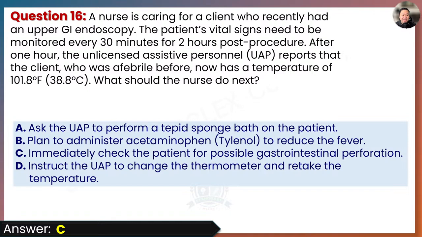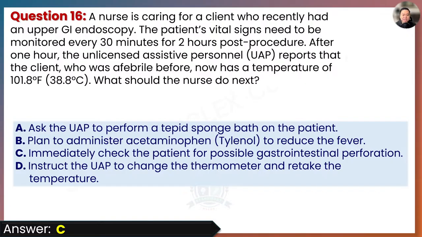Instruct the UAP to change the thermometer and retake the temperature. While it is possible that a thermometer malfunctioned, well, the immediate priority here is to assess the client for more serious conditions. And I've said that already. That could be a perforation. And so retaking the temperature can actually delay your assessment, and this could further worsen their condition.